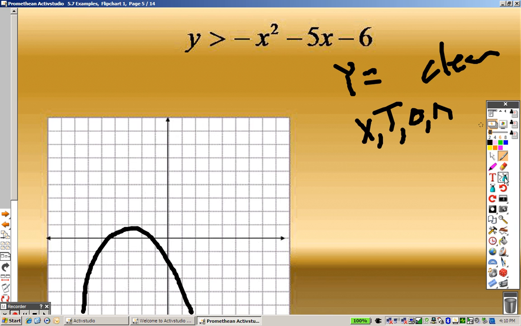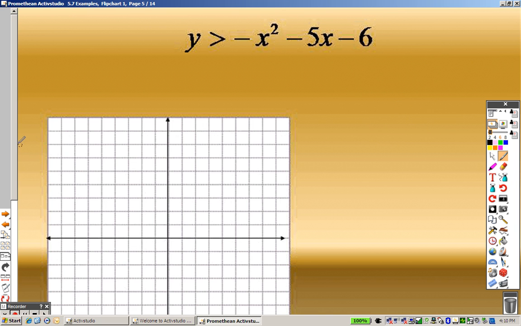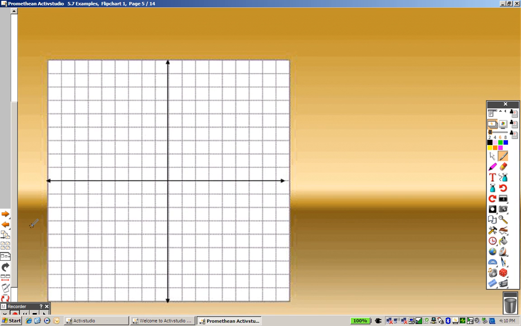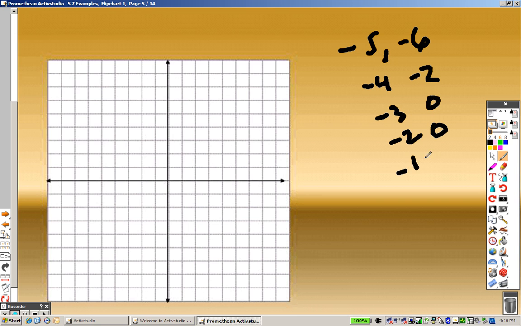Okay, so let's find some exact points to graph that. Go to second graph. You have your list of points there. The highest point I can graph is negative 5, negative 6. The next ones are negative 4, negative 2; negative 3, 0; negative 2, 0; negative 1, negative 2; 0, negative 6.